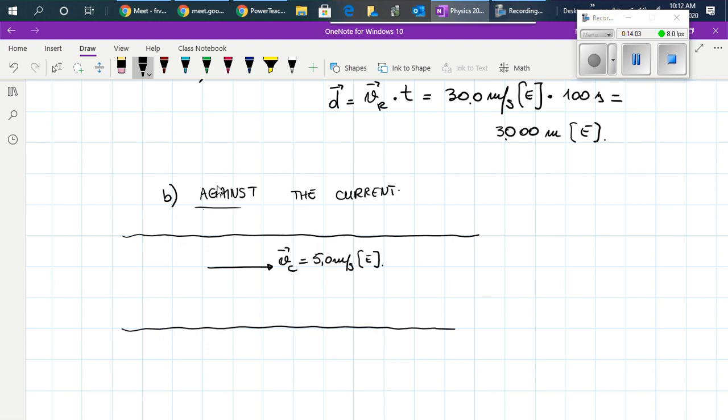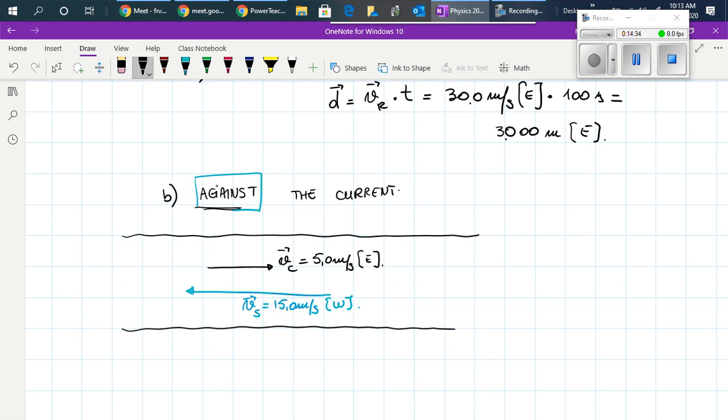And since you are going against the current with a velocity of, let's say, 15, the velocity of the swimmer will be 15 meters per second, but now it is in the west direction. Why is it so? Because the problem is telling you that it is going against the current.